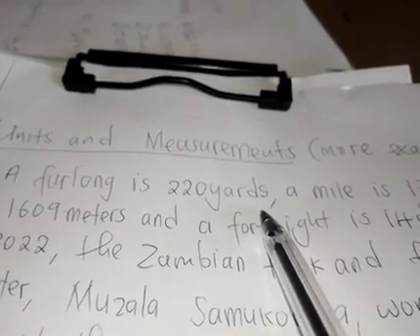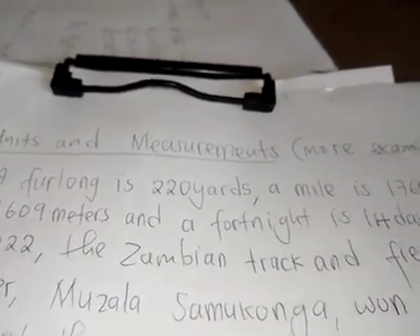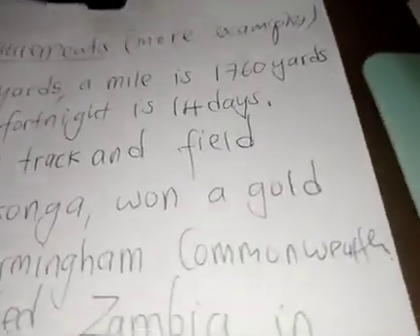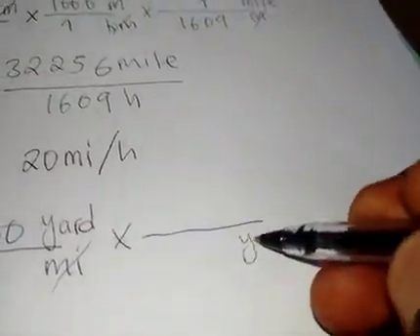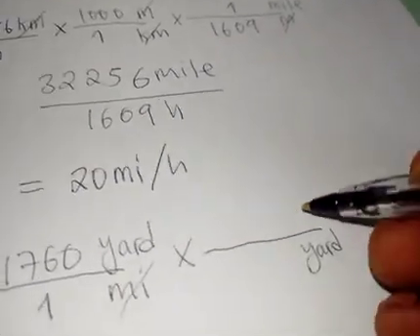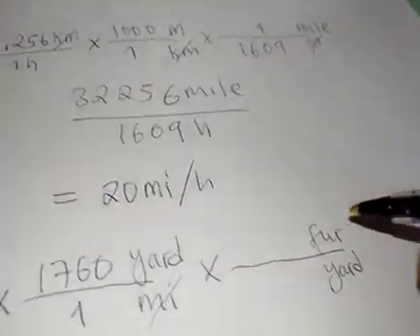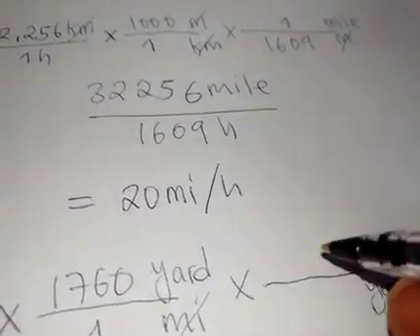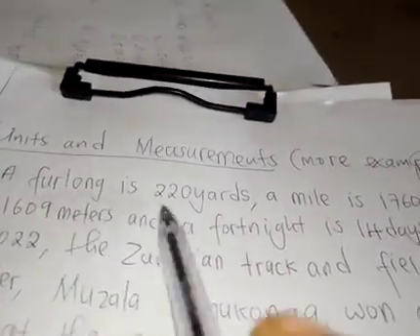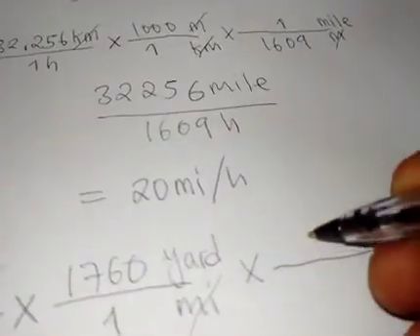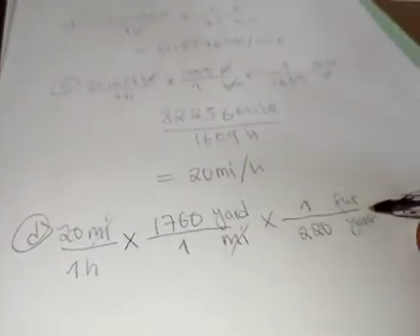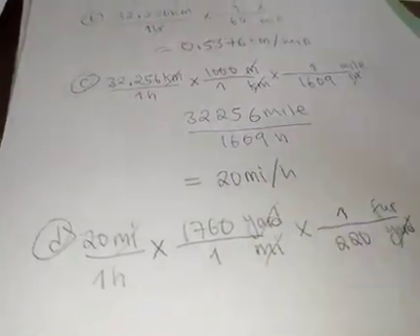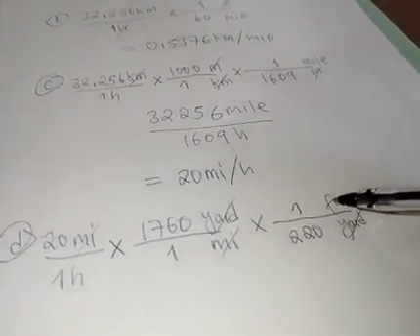We have to get rid of the yard, so say over yard, then you have furlong. On top, 1 furlong is 220 yards, so yard and yard disappear, and we remain with furlong. So we have converted the yards to furlong.